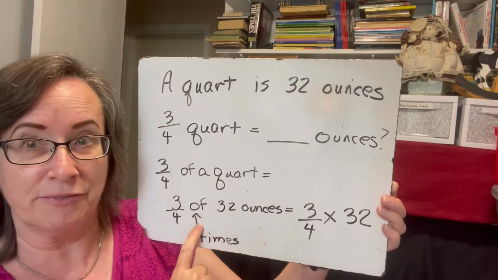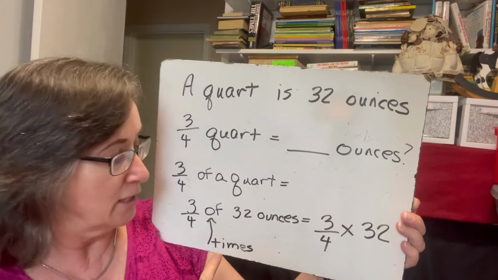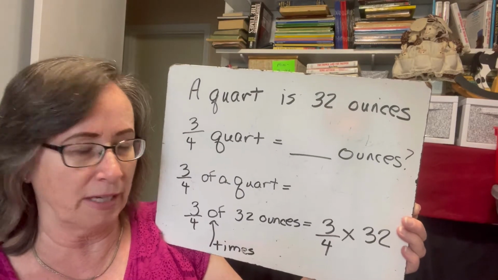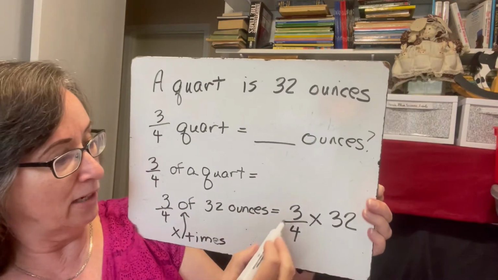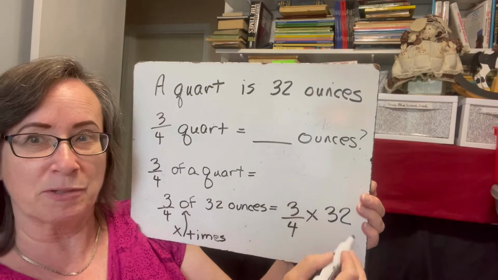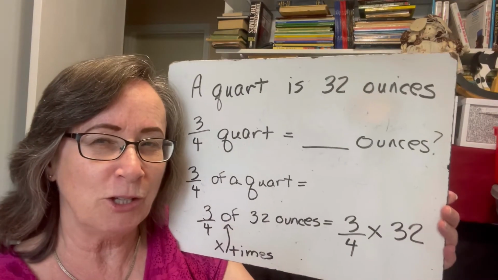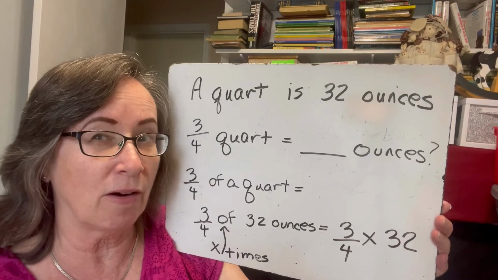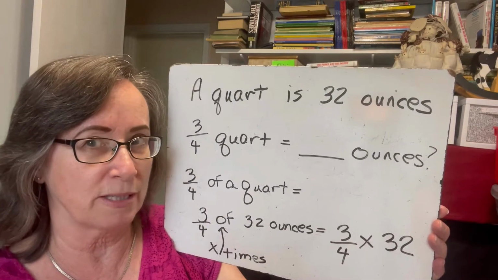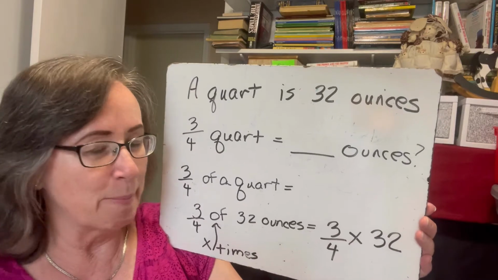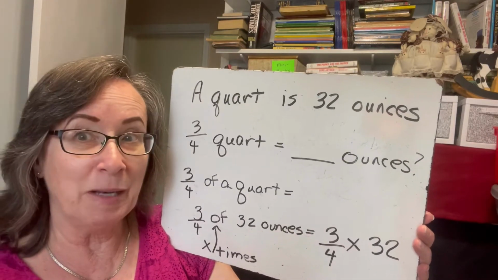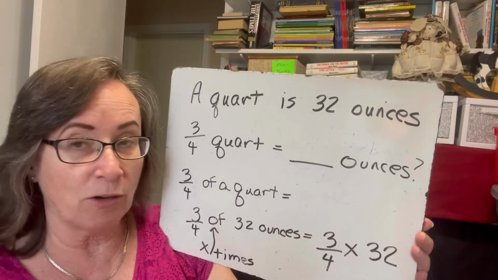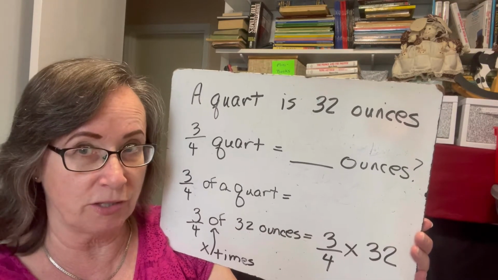Now, of means times. So anytime we see of in a problem, we're going to replace it with times, and get 3/4 times 32. Now, there's usually an easy way and a hard way to do something, okay? Multiplication and division can be done in the order that we want to do them.